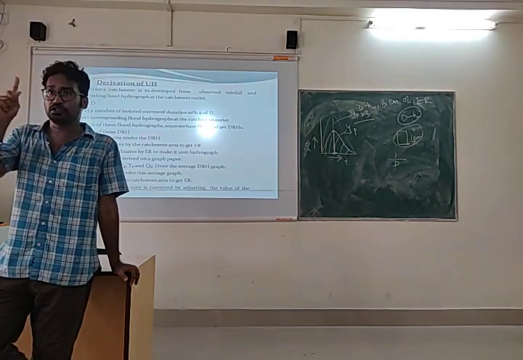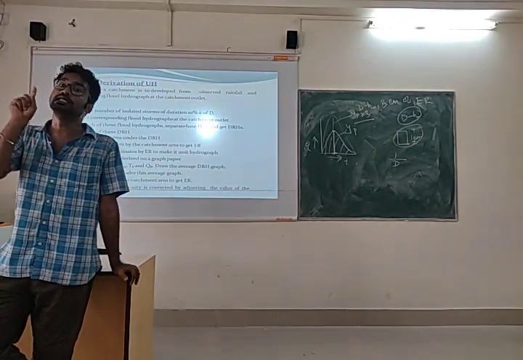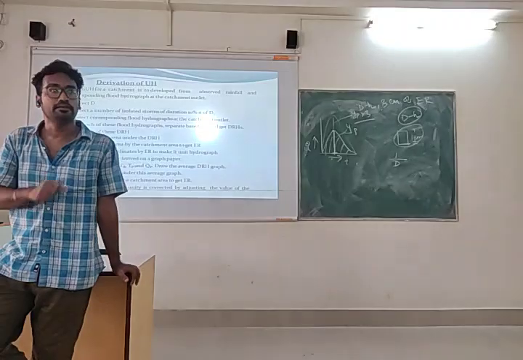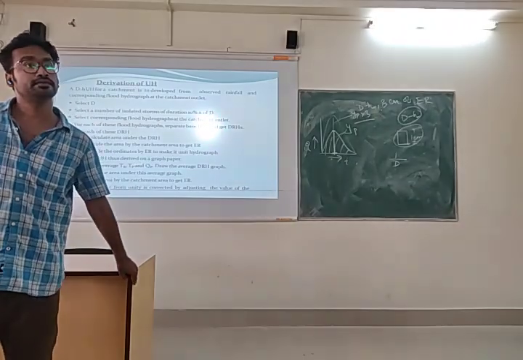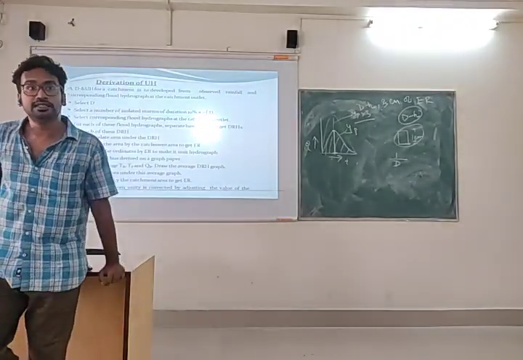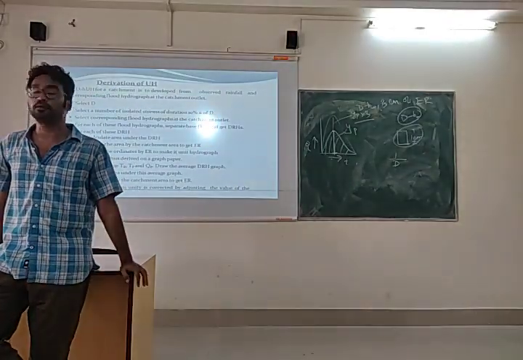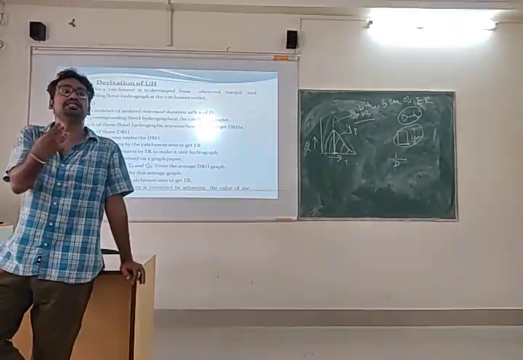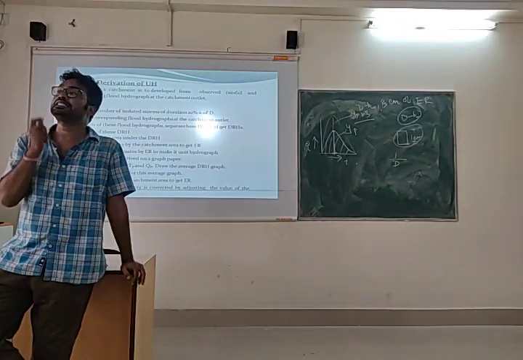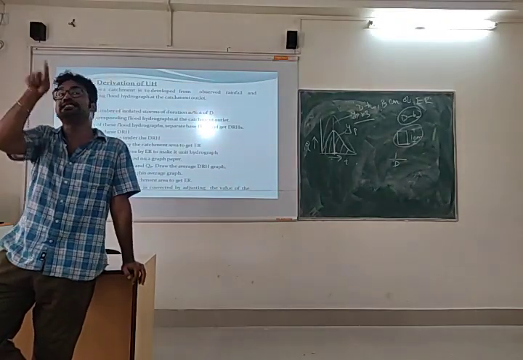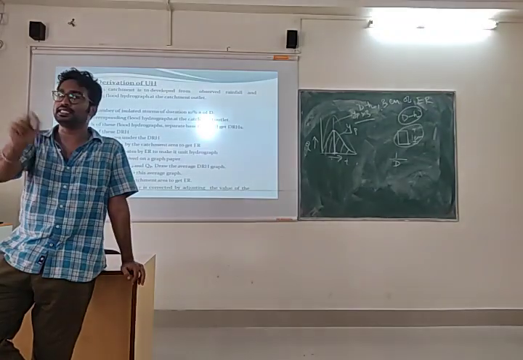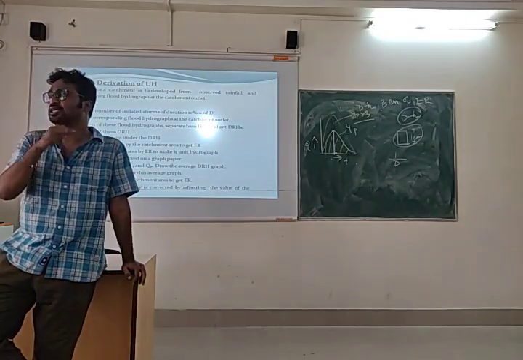So first of all, we need to fix the duration of the excess rainfall. Duration will be shown in the graph. Whenever some unit hydrograph is given to you, the excess rainfall will be 1 centimeter in each and every unit hydrograph.